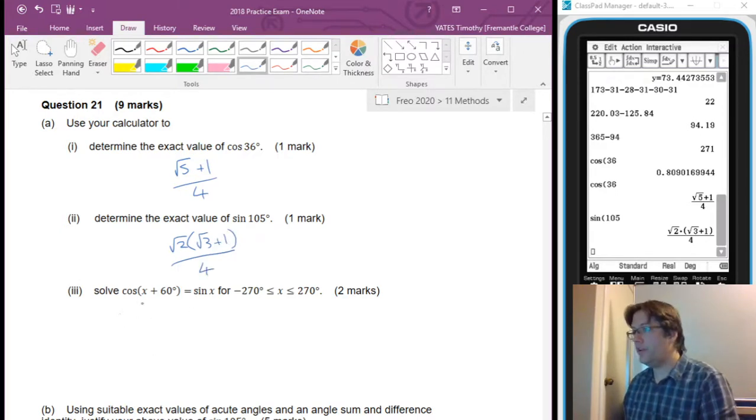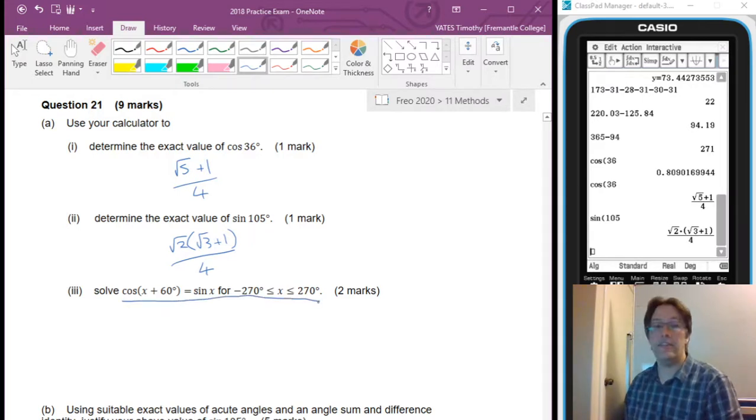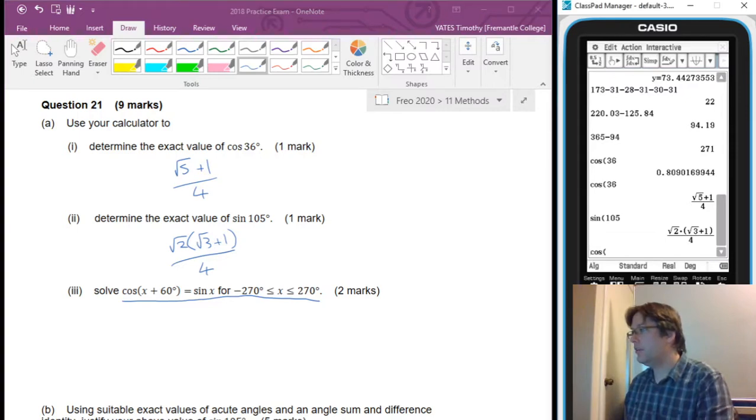So this one, solving that for the range that we've given, this is absolutely a can-you-use-your-calculator question, because what we want to do is cos of x plus 60, make sure we're still in degrees, equals sine x. And we want to do a range.